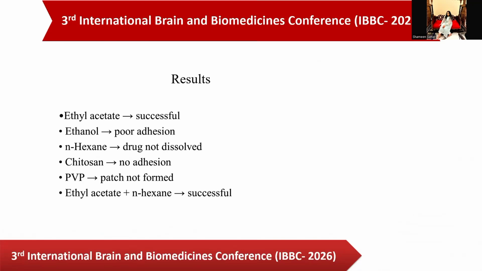With chitosan, no adhesive was formed. PVP K30 is a pressure sensitive adhesive, but it hasn't shown adhesiveness. Ethyl acetate plus hexane used in a 1:1 ratio was successful.